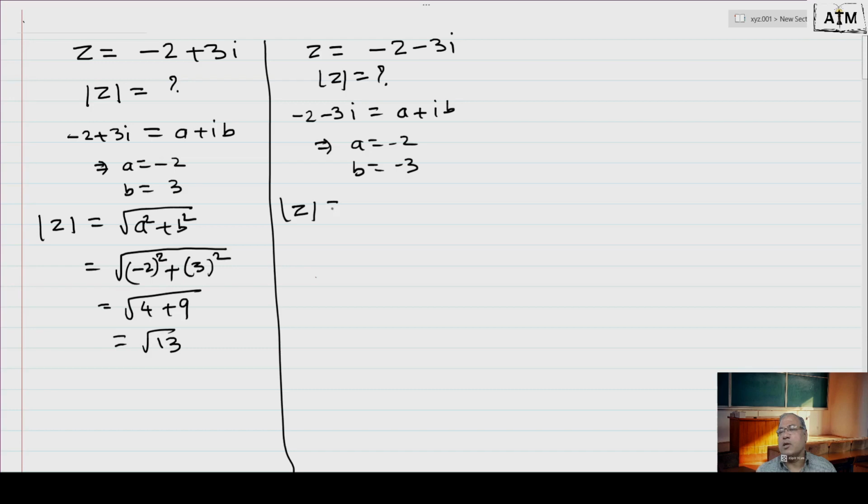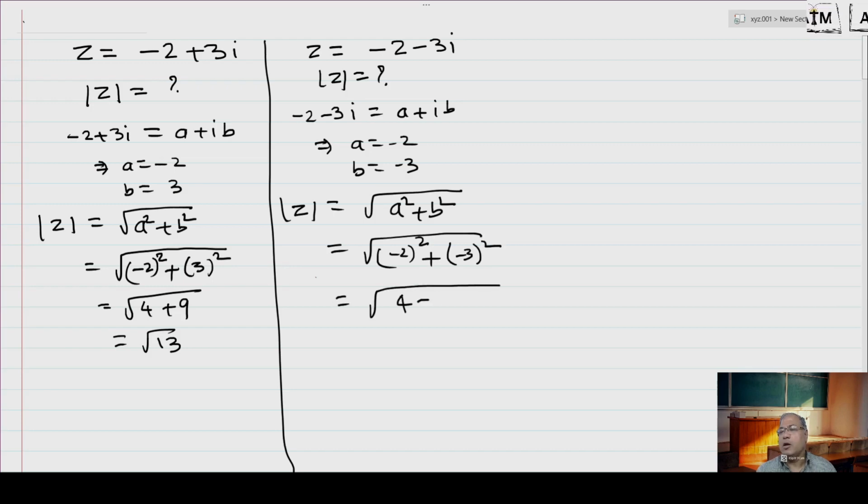Then the modulus equals the square root of (minus 2) whole squared plus (minus 3) whole squared, equals the square root of 4 plus 9, equals root 13. Therefore, the modulus equals root 13.